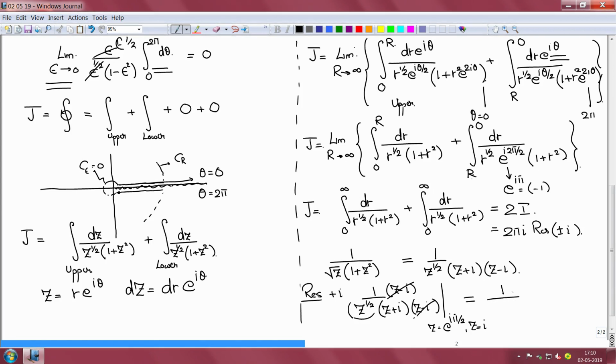So I get 1 over e to the power of I pi by 4, and here I use z equal to I, so I get twice I.